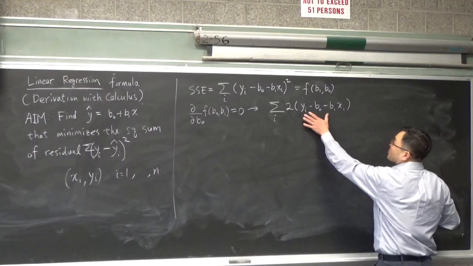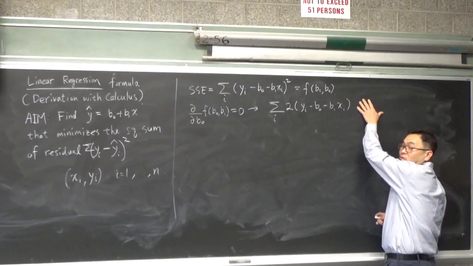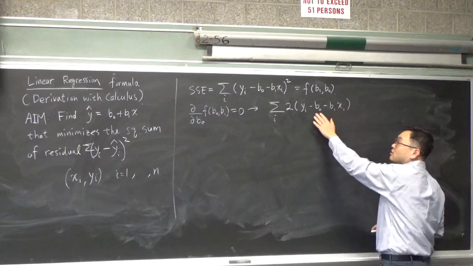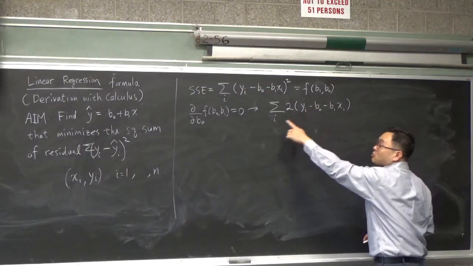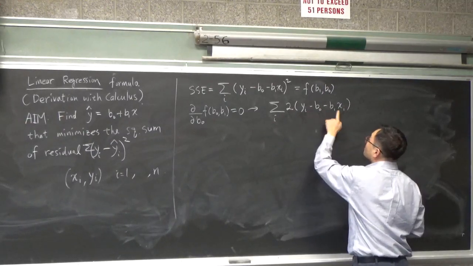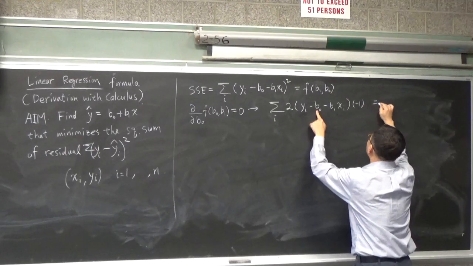But then this is nested inside, so you have to bring the inside function outside and differentiate using the chain rule. So what do you get? This is a constant. We're differentiating by b0, so these are constants. Those will be 0, and this will give you -1. So that has to equal 0.